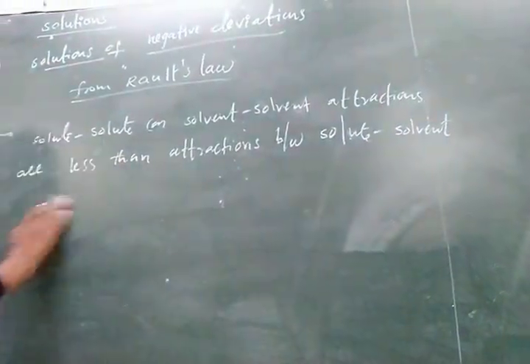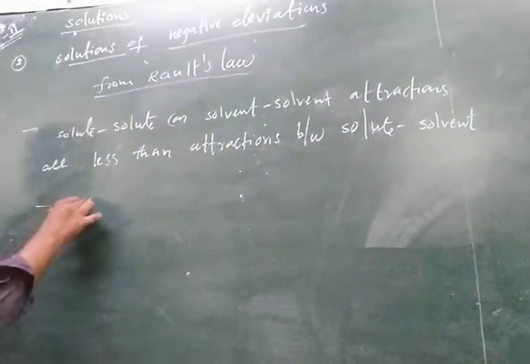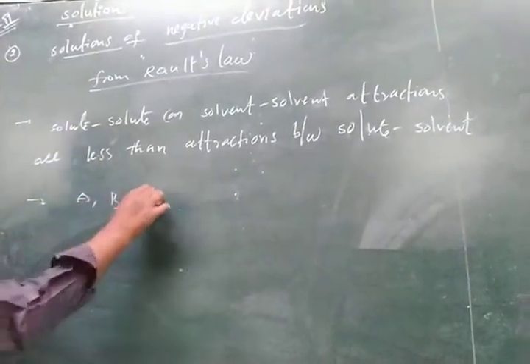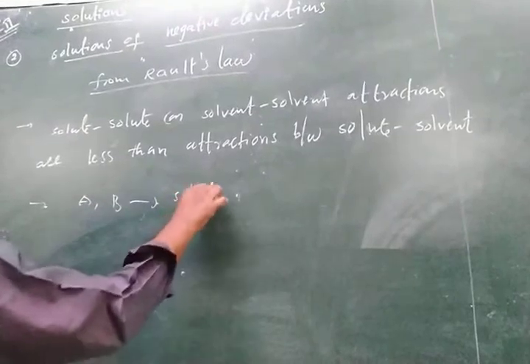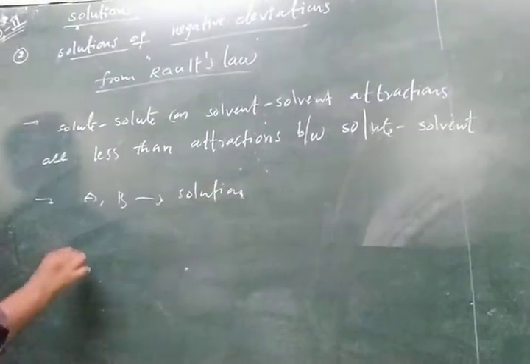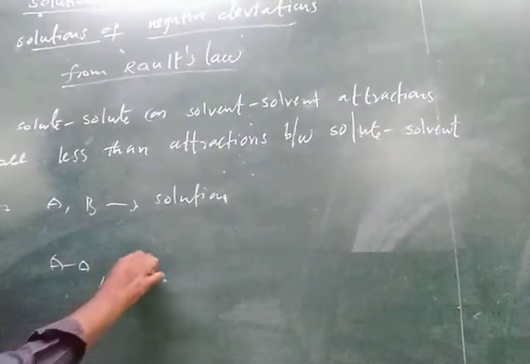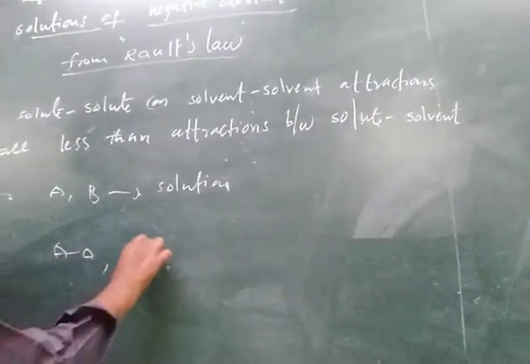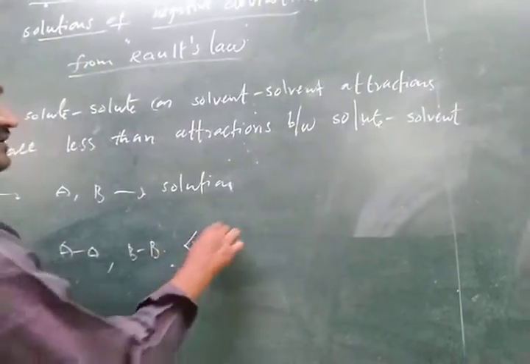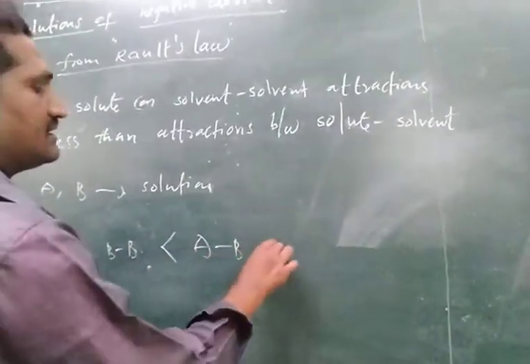For example, here A, B forms a solution. Then AA attractions or BB attractions are less than AB attractions.